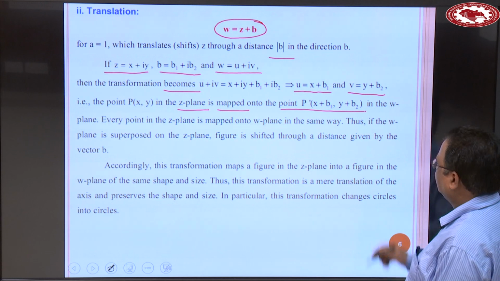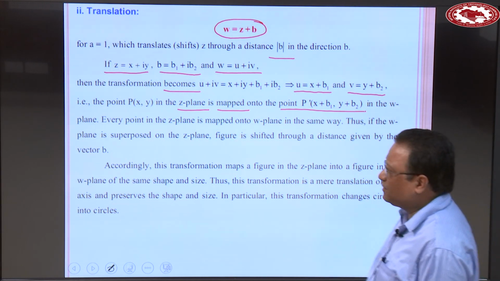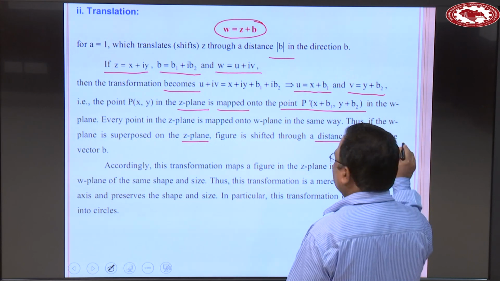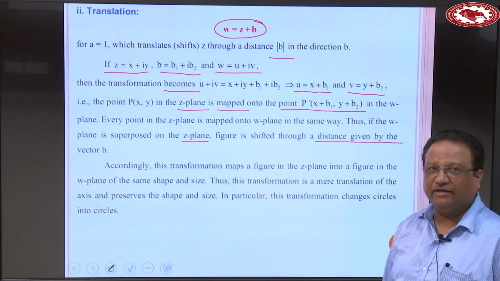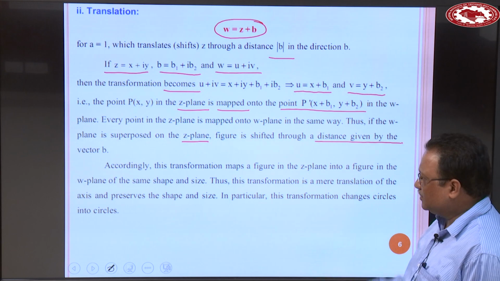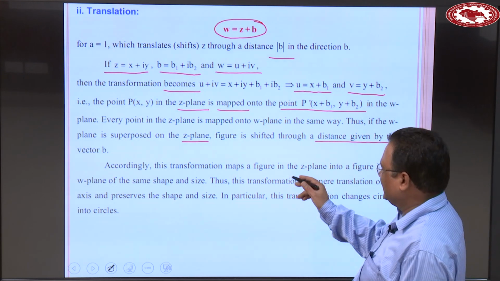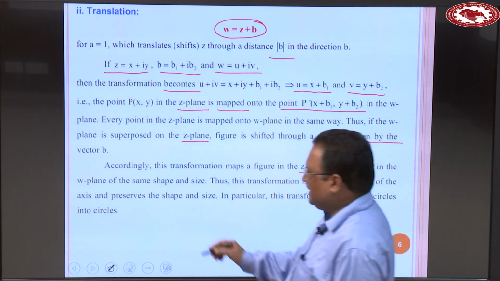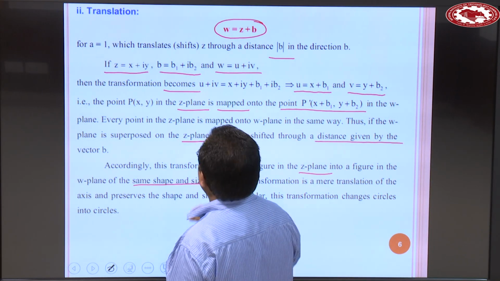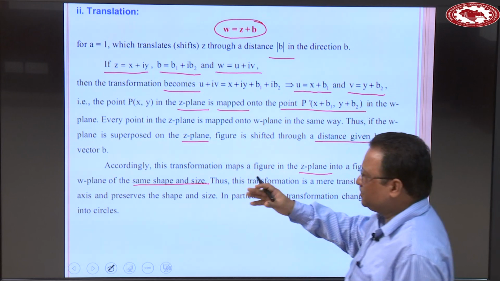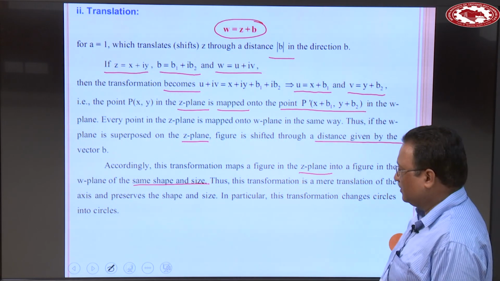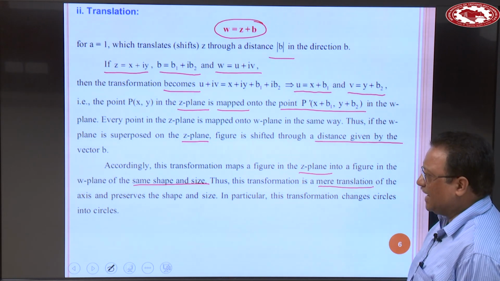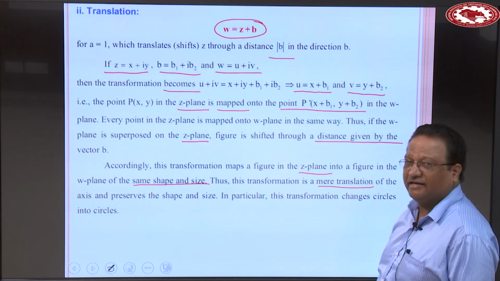Thus, if the w plane is superposed on the z plane, the figure is shifted through a distance given by the vector B. So this transformation maps a figure in the z plane into a figure in the w plane of the same size and shape. After using this transformation, there is no change in shape and size. Thus, this transformation is a mere translation of the axes and preserves shape and size.